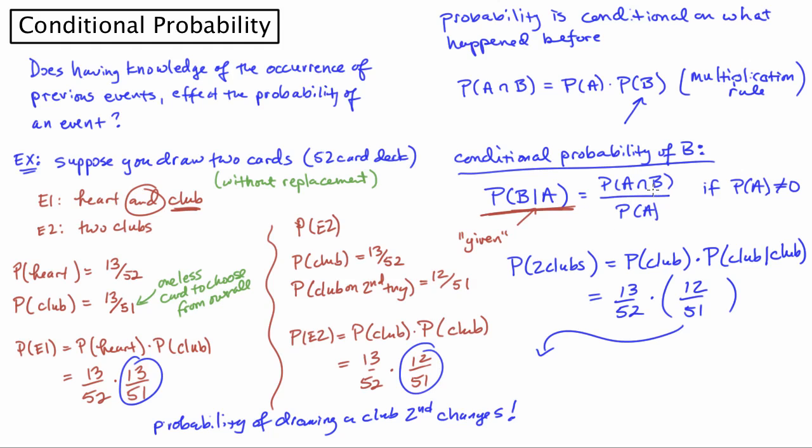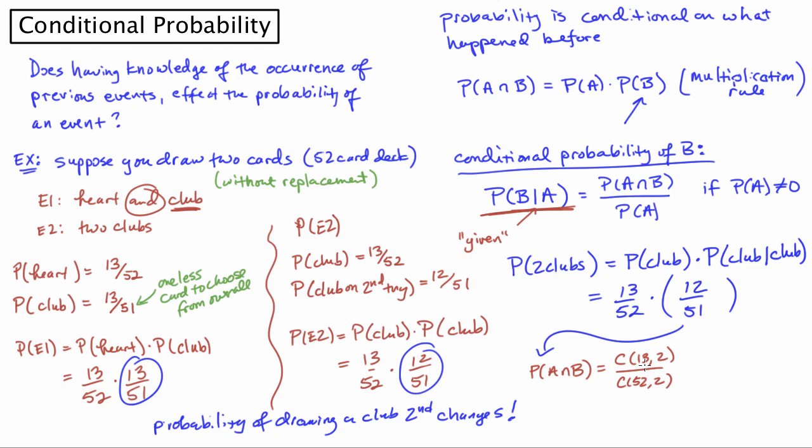So I need the probability of A and B. The probability of A and B is the probability of these 2 clubs. Well, that means out of a deck containing 52 cards, I have to pick 2 clubs.